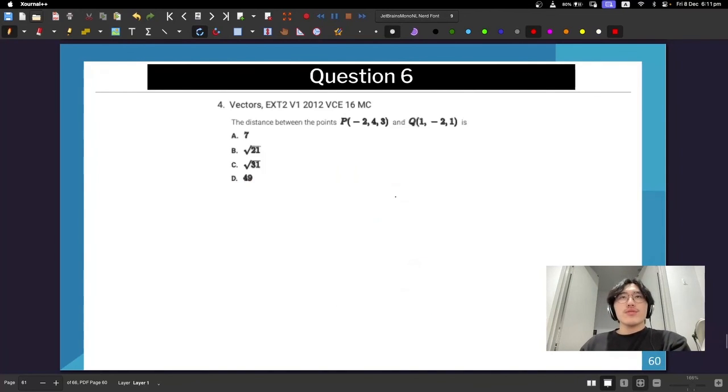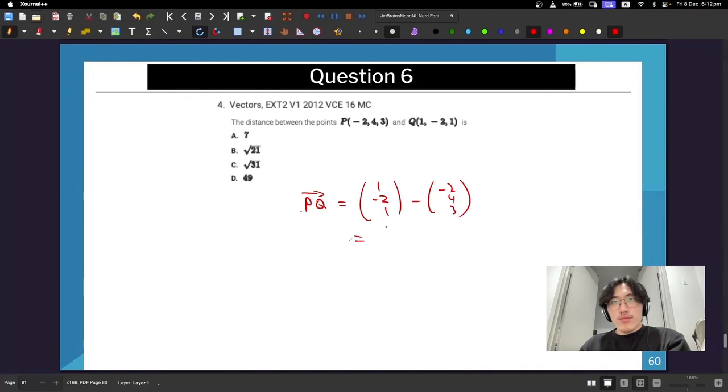Okay, the distance between the points P (negative 2, 4, 3) and Q (1, negative 2, 1) is 7, root 21, root 31 or 49. Just find the vector between them. So we're going to find PQ and then we're going to find its magnitude. So let's find PQ first, which equals (3, negative 6, negative 2).